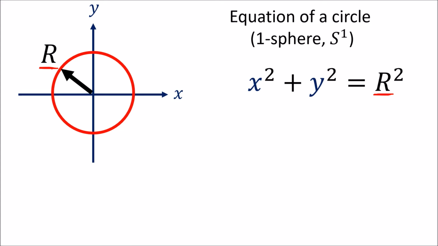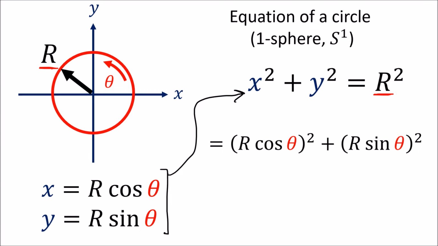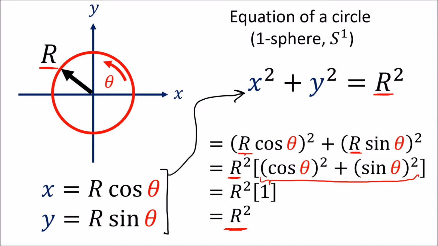We can also parameterize the circle by the parameter theta, where x equals R cosine theta and y equals R sine theta. If we plug x and y into this formula and factor out R squared, we can use the trig identity cos squared plus sine squared equals 1 to find that this equals R squared. So this parameterization involving theta satisfies our circle equation.